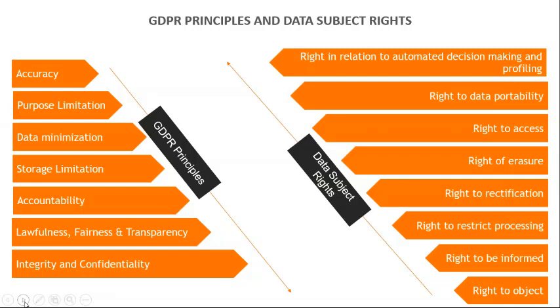Now talking about the data subject rights, what rights an individual has been empowered with as per the GDPR: at any point of time, a data subject can object to the processing of his or her information until the organization or institution proves that the information is required to meet a legal purpose of the law of the land.